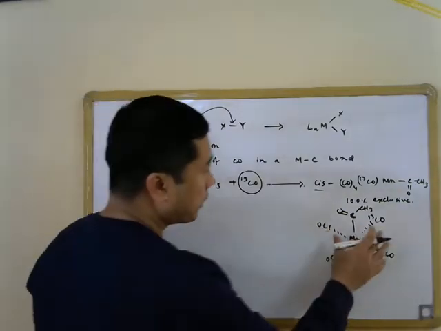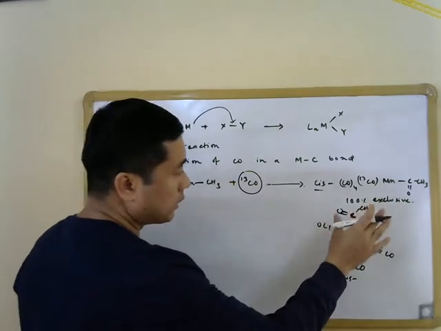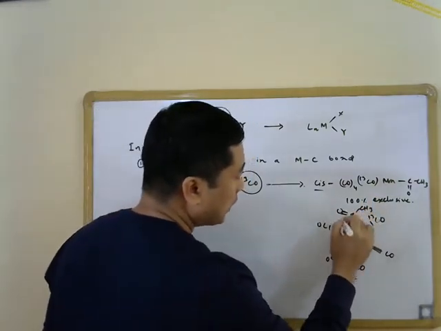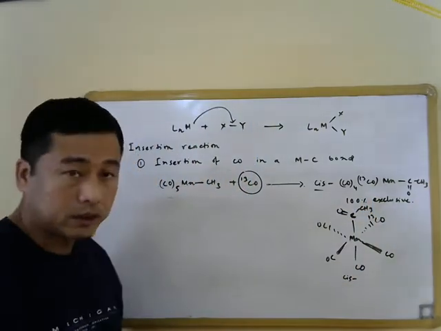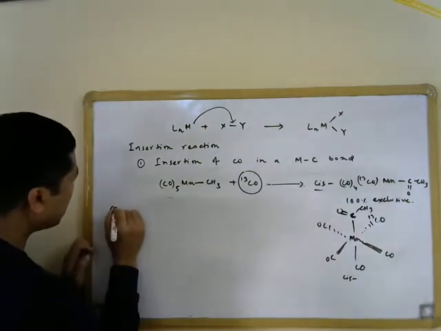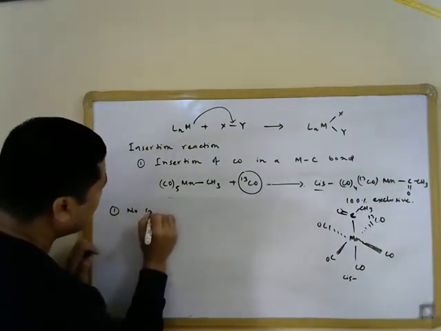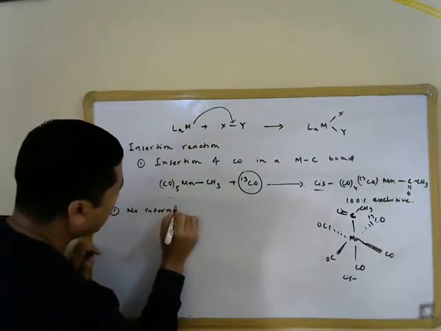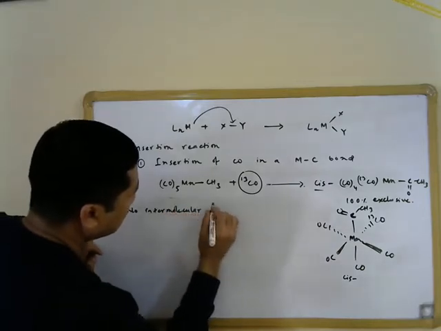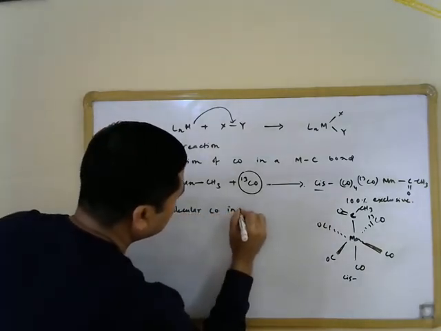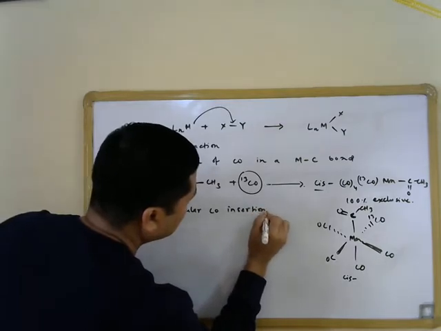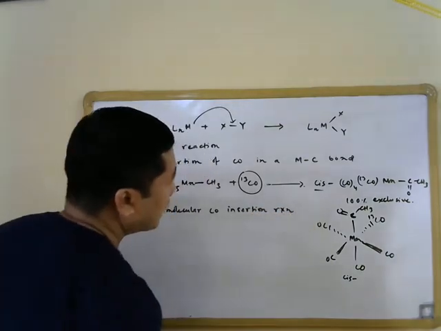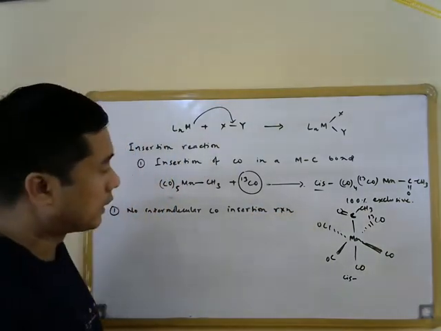So that does not happen. None of this product contains 13C carbon in this acetyl group, and that essentially confirms that there is no intermolecular CO insertion reaction. So this is what it essentially tells us.